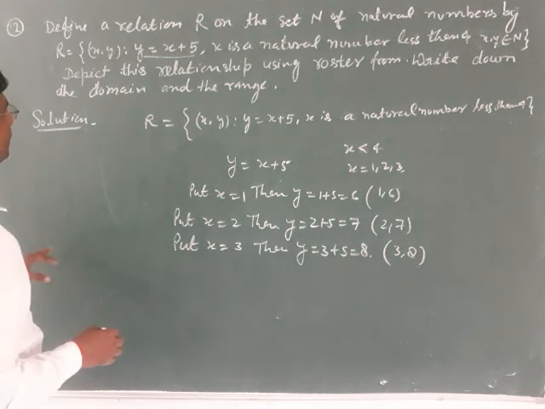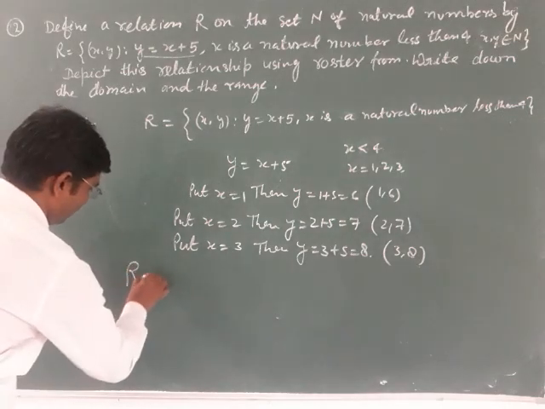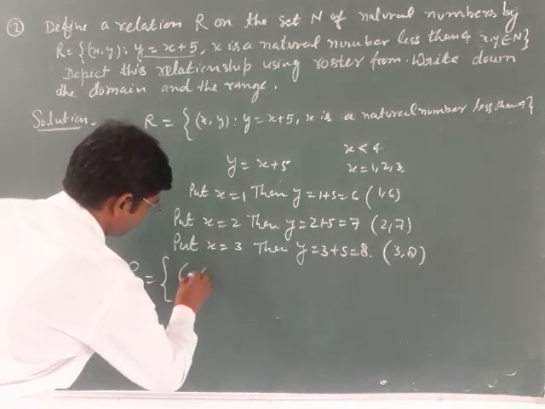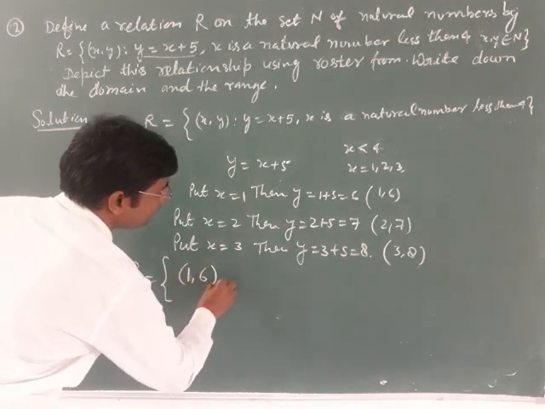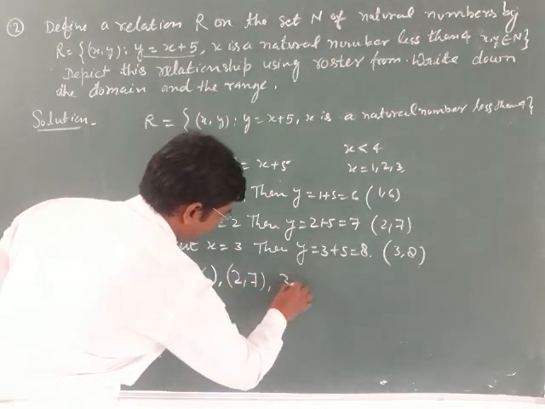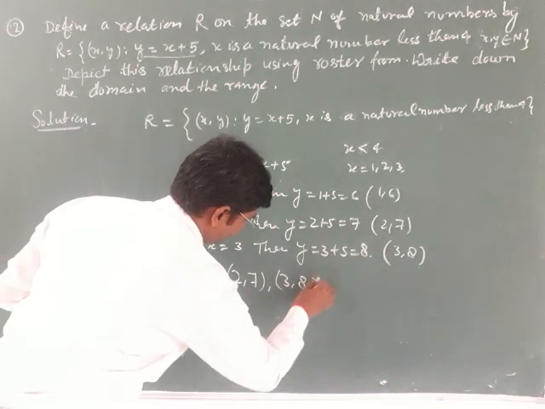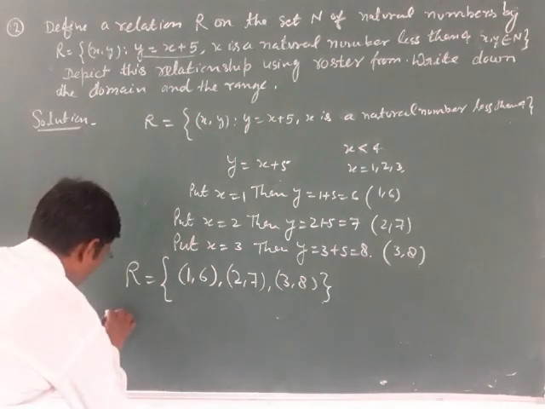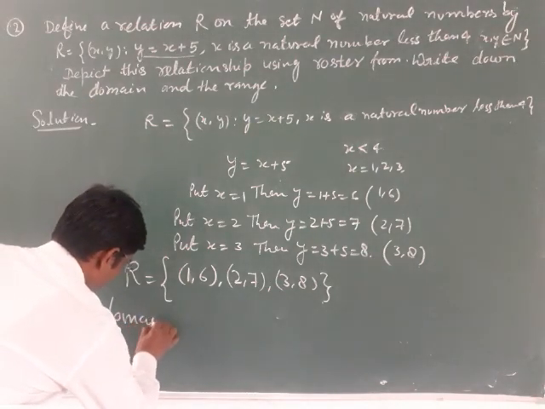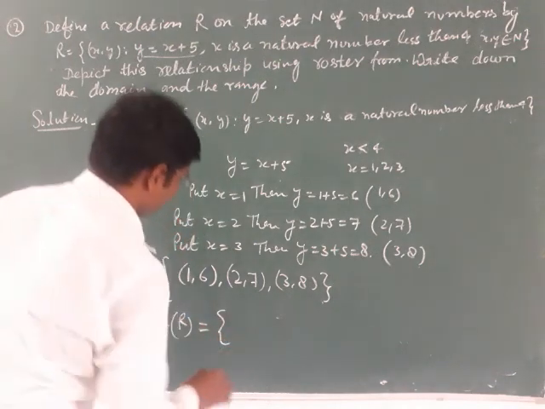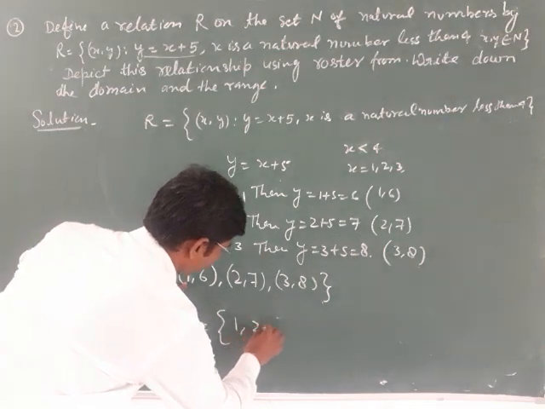So writing in roster form, R is equal to {(1, 6), (2, 7), (3, 8)}. So this is the roster form. And also find the domain. Domain of R is equal to the set of first components: 1, 2, 3.